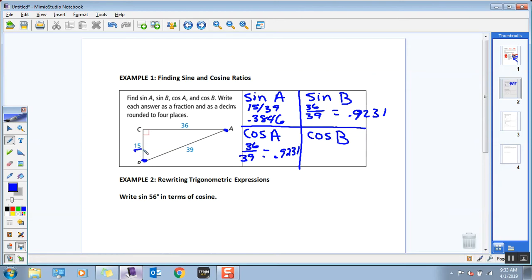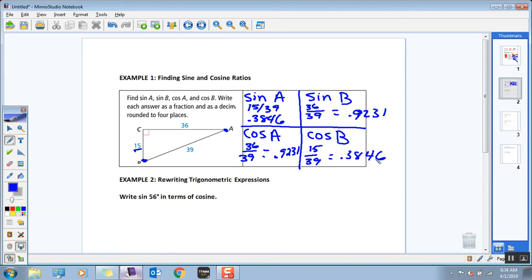What is it, Jason? 15 over 39. How about a decimal equivalency for that? Hey, listen to what I say. If you know the sine of A, you also know what? Cosine of B. If you know the sine of B, you know the cosine of A. Does that make sense to you? Yeah. I want you to make that connection, okay?